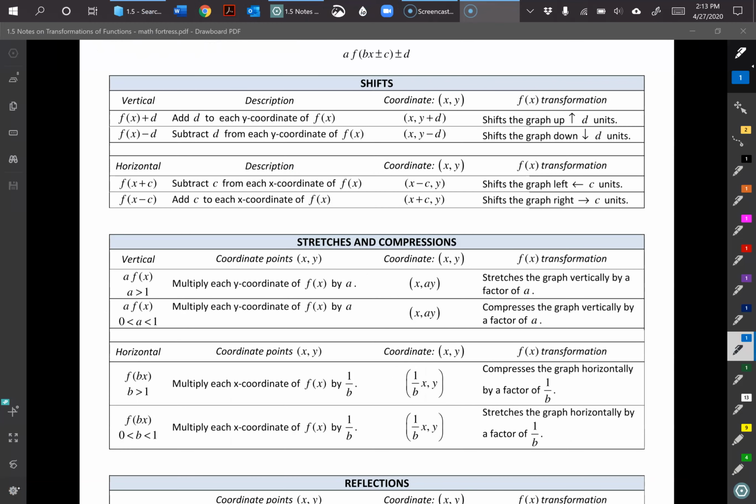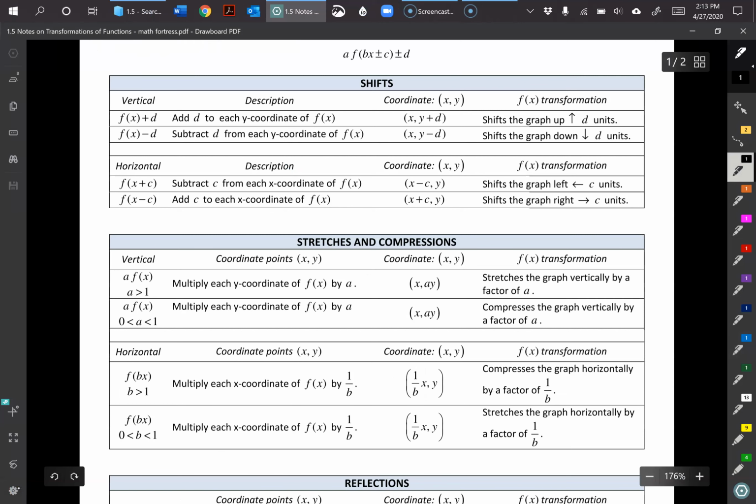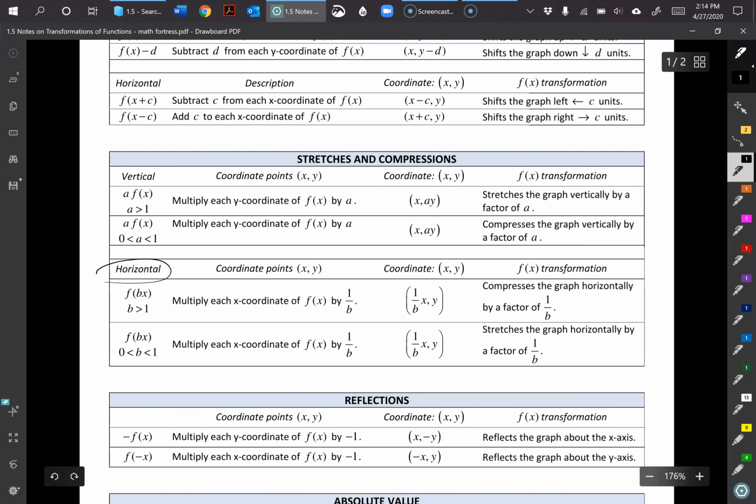So I want to reference this sheet that I'm going to post in your assignment. I want to be clear here that we should have parentheses here and here. If we are having the input affected, we're going to look at horizontal.